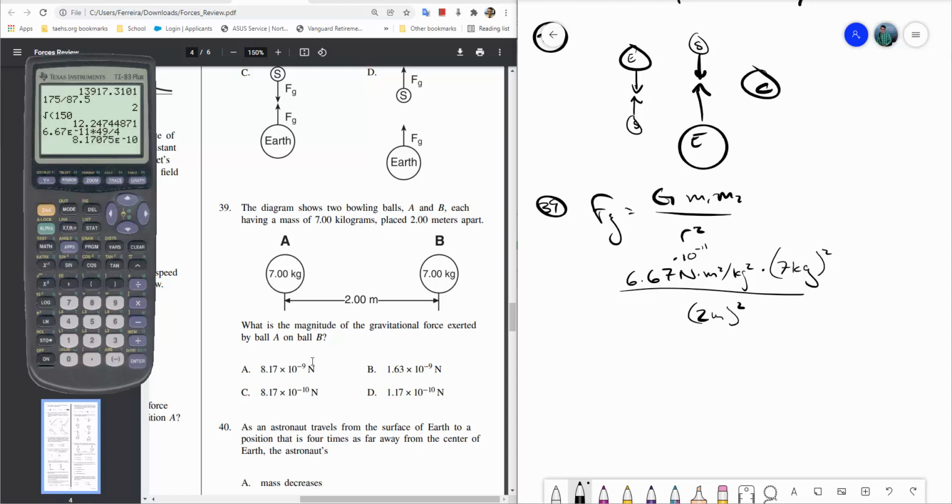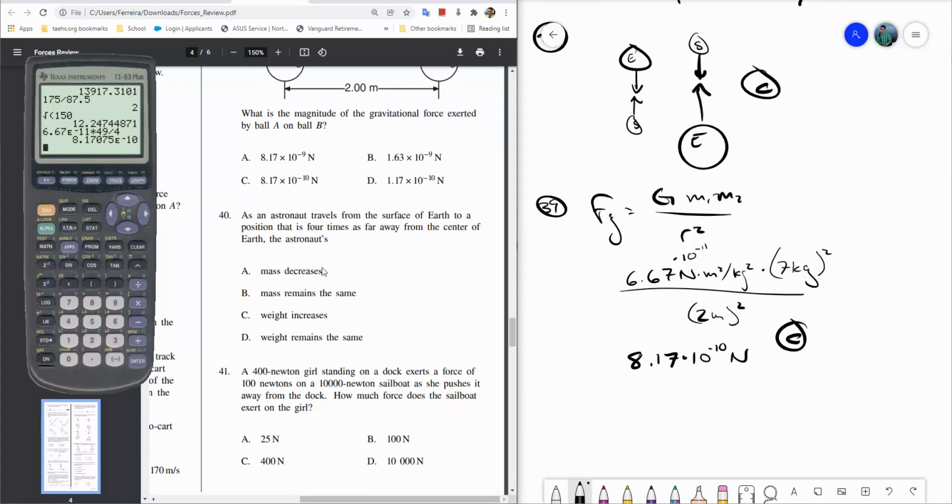And you get an answer of 8.17 times 10 to the negative 10 newtons. Which is a really small number, but we're talking about the gravity between bowling balls, so it's also going to be very small. The answer is D. Oh, no, I'm sorry, that's not D. C. There we go. C.